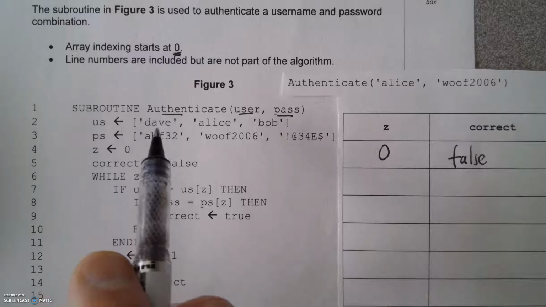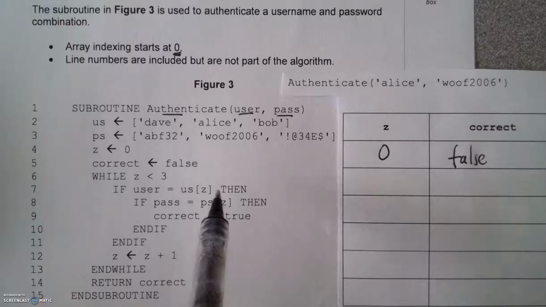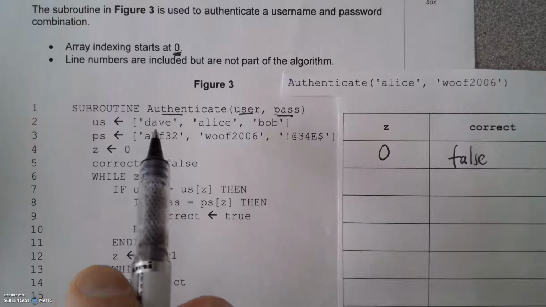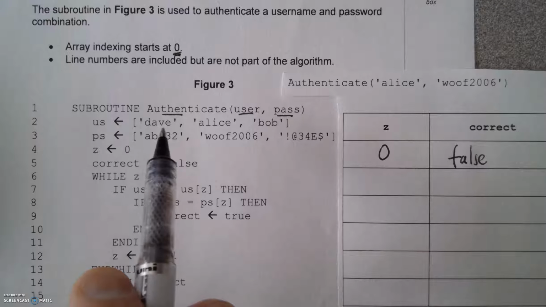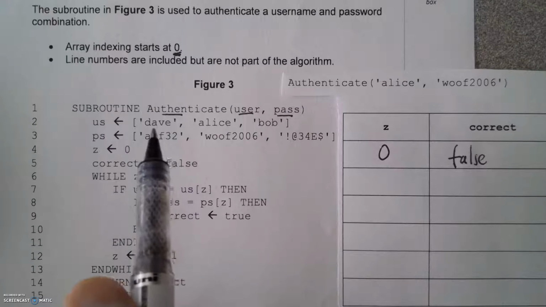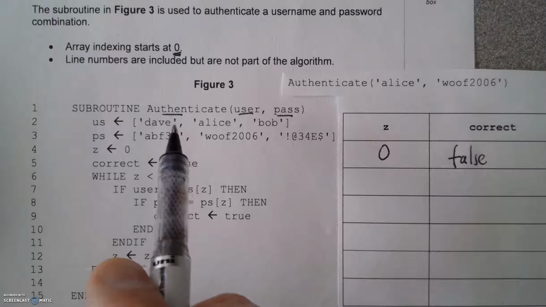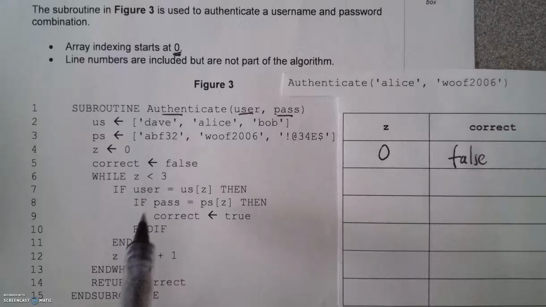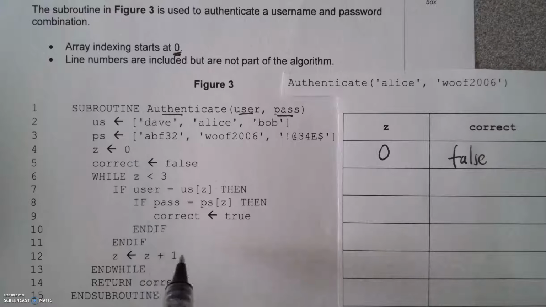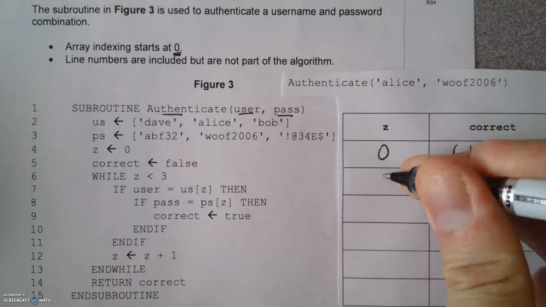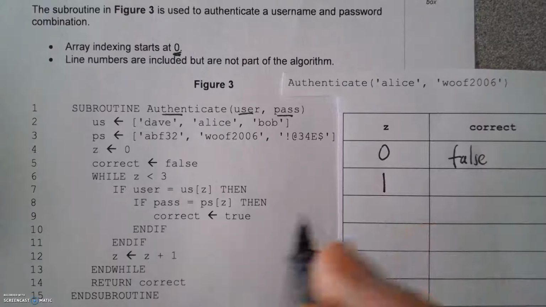So if Alice is equal to Dave, clearly they're different names. Alice is not Dave, or maybe perhaps on weekends, but that's a different story. That's not for the exam question here. So Alice is not Dave, so I can ignore that and go straight to this increment, z equals z plus 1. So start a new line, add 1 to it there.